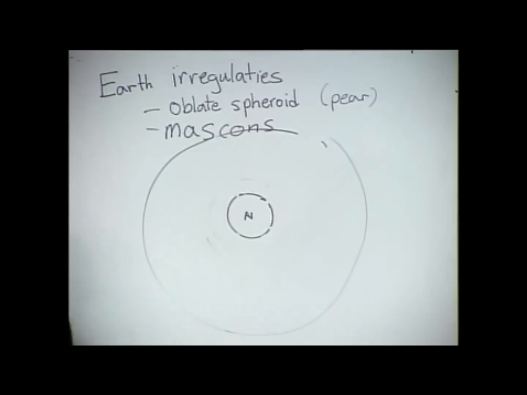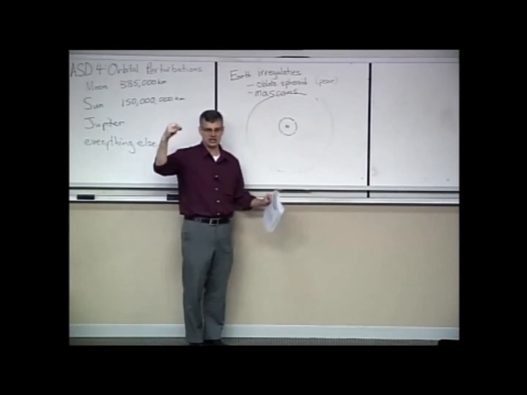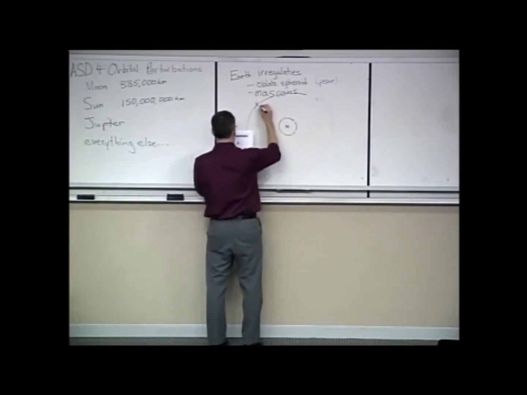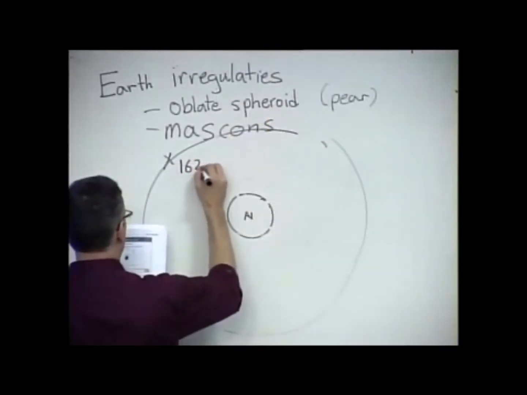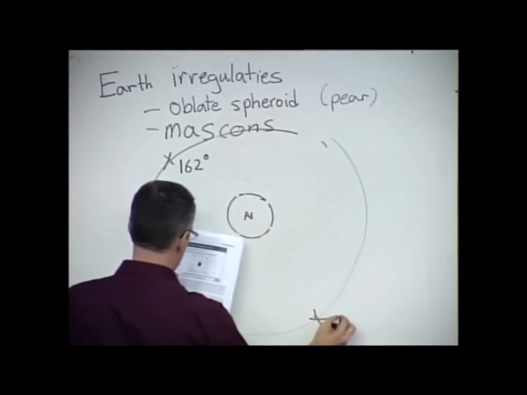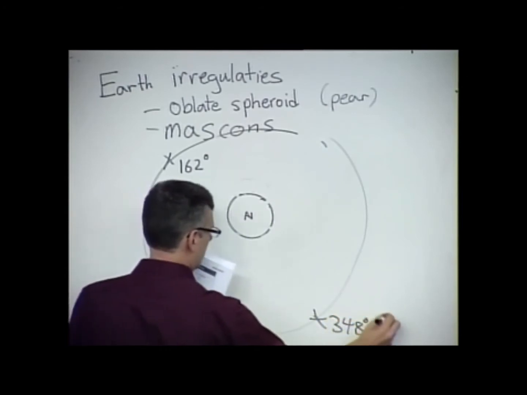It turns out there are actually two stable points, regions of high density Masscons that attract a geostationary Earth orbit satellite, and then two unstable points. Let me just write where they are. The unstable points are at 162 degrees longitude and 348 degrees.